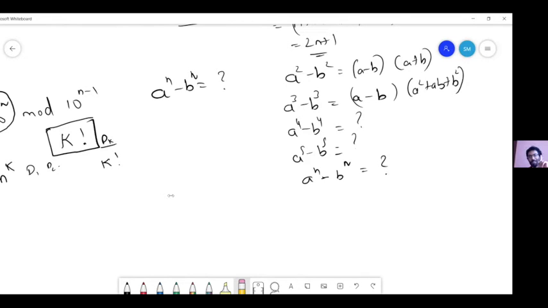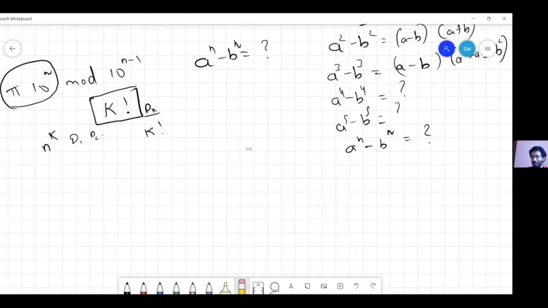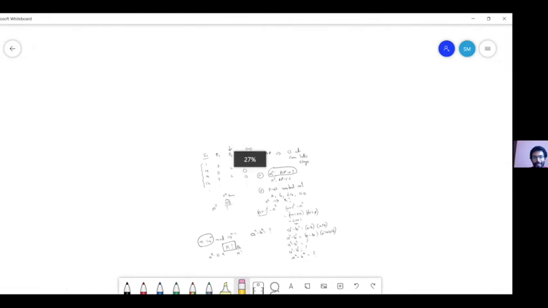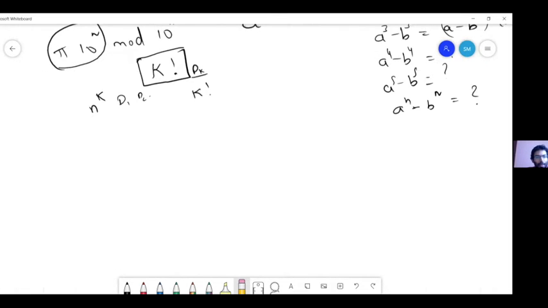Yeah. Nice. So just hold on, I'll pose this observation as a question to others. So now we saw that if the starting sequence is n cube, then the third order difference would be 6.